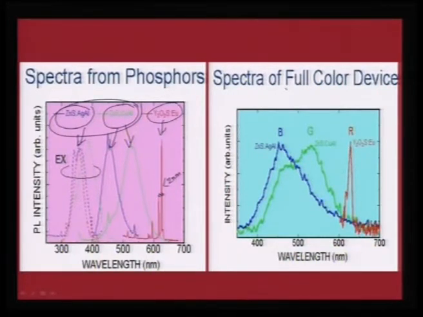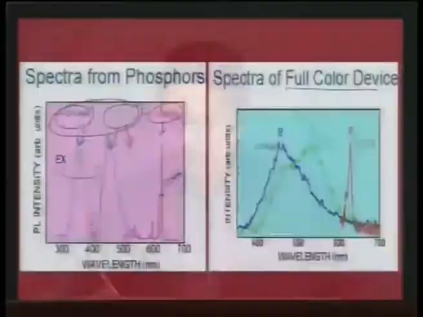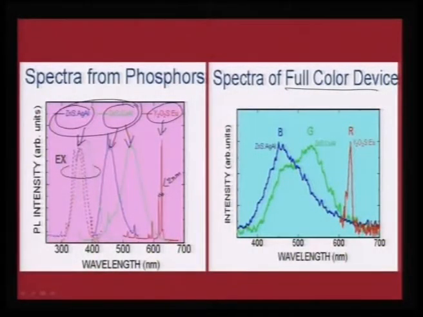And if we are looking for full color display, then what we desire is that it should not be narrow, but it should also have a wide mixing between the corresponding colors. For example, blue should nicely mix with the green component in this fashion, so that the more the overlap, then you can try to get the white light emission or the full color display in a better way.